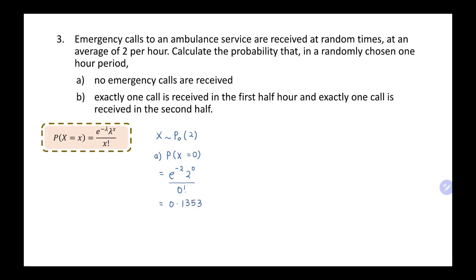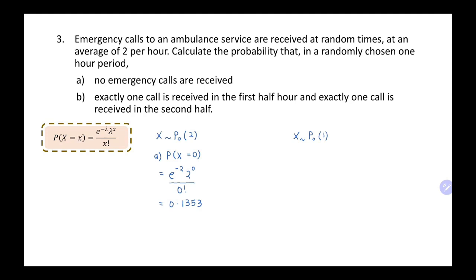Question B. Exactly 1 call is received in the first half hour and exactly 1 call is received in the second half. Soalan ni dia dah divide half hour and half hour. So kalau dalam masa setengah jam, panggilan kecemasan dia hanya 1. So kita ubah X ~ Po(1). Sebab kita nak cari exactly 1 call dalam masa setengah jam.